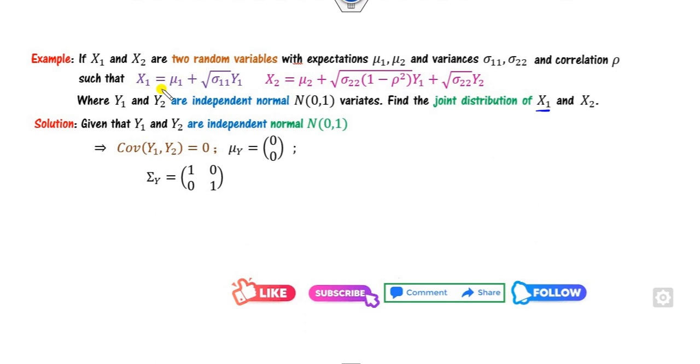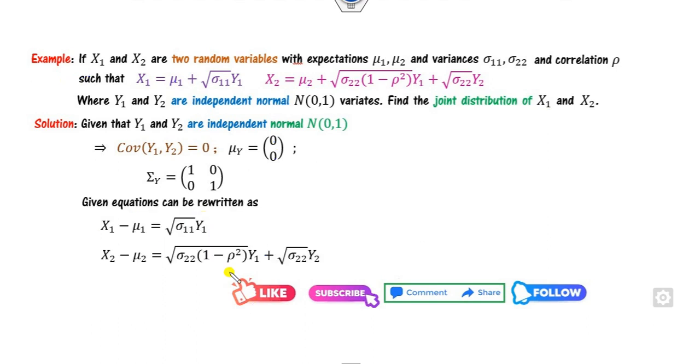So from here, because mu1 and mu2 are non-zero, because these are the mean of the y. So from these equations, can I write x1 minus mu1? Can you find x2 minus mu2? Yes, you can easily find that. It will be here.